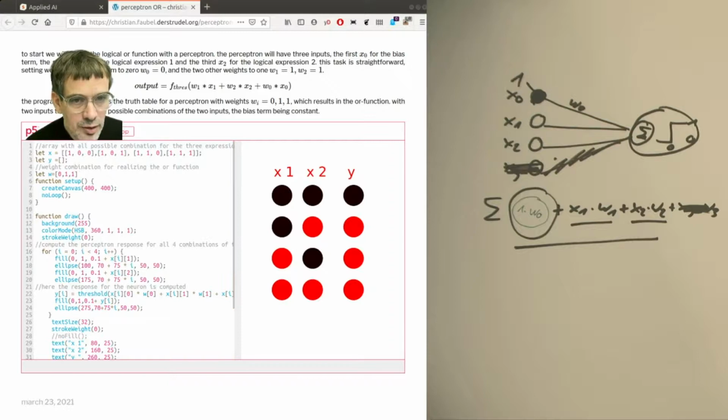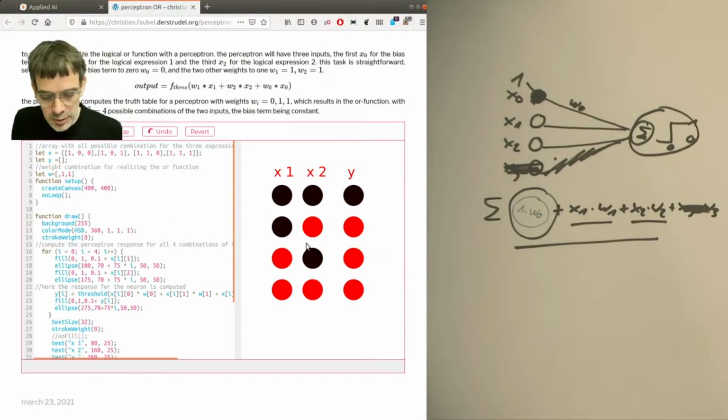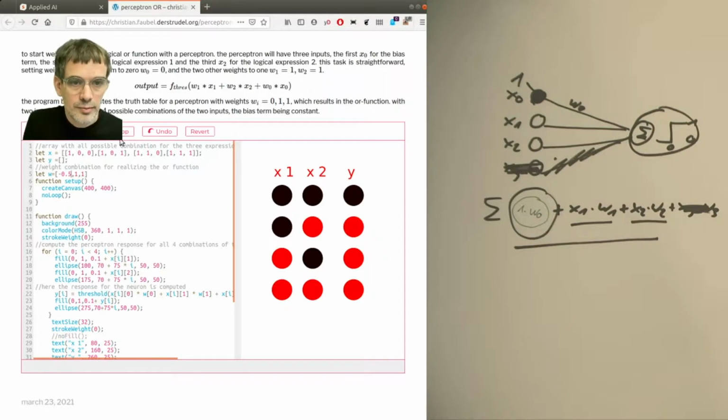But it's not the only combination that gives this truth table. We also get the same result if we put something like minus 2.5 here and run the script. We get the very same result. So there is a range of weights that produces this same result.